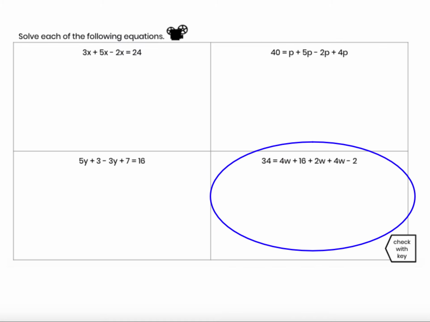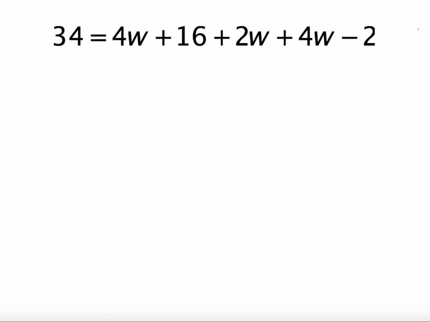Last example. Oh, it looks so complicated, but we are totally capable of solving this equation. All right, let's this time try the strategy of first rewriting the expression before simplifying. So we need to simplify, meaning combine like terms on the right-hand side of this equation. And I'm going to rewrite it so the w terms are together. 4w plus 2w plus 4w.